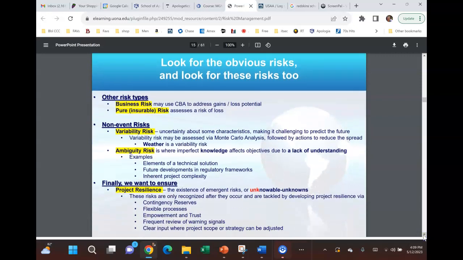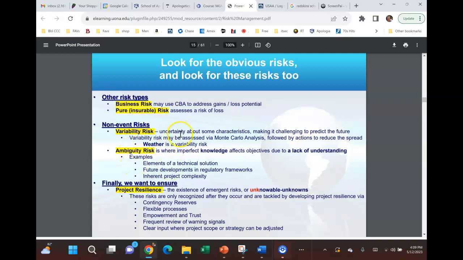And you want to look for other risks. You might include business risks. You might include insurable risk. What about risk variability, right? If there are changes and it's difficult to predict the future, that's about variability. Weather is a variable risk, right? If you're building a house.